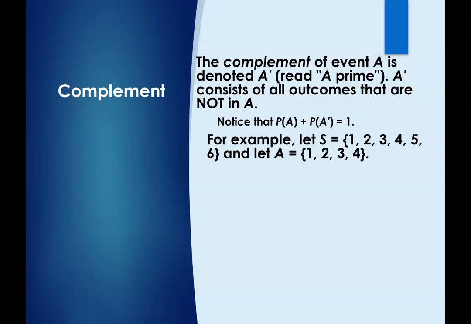So for example, if we have the set S equals 1, 2, 3, 4, 5, and 6, and let A equal 1, 2, 3, 4, then A complement would be 5 and 6 because those aren't in A. So what is the probability of getting A? How would we figure that out?